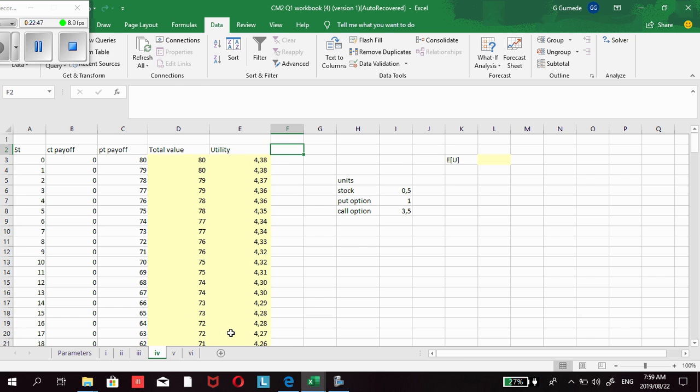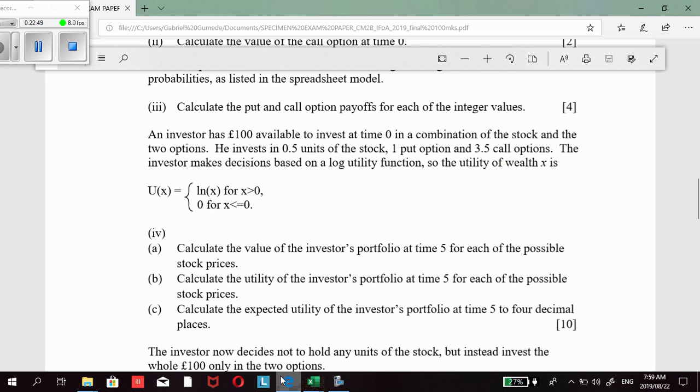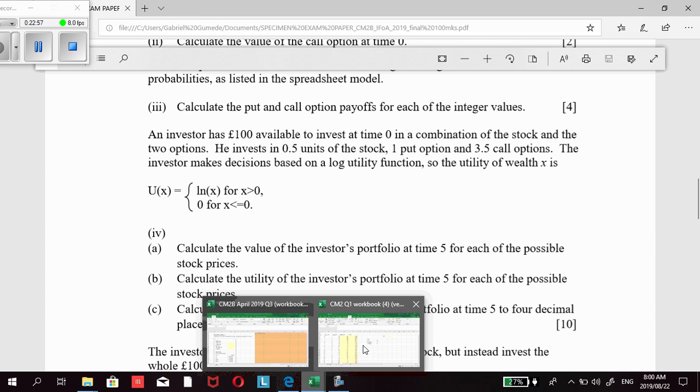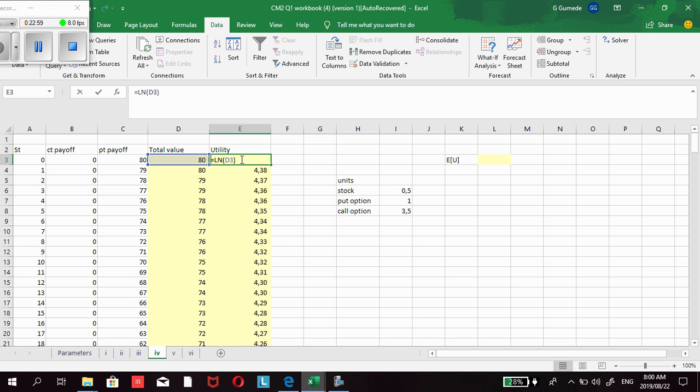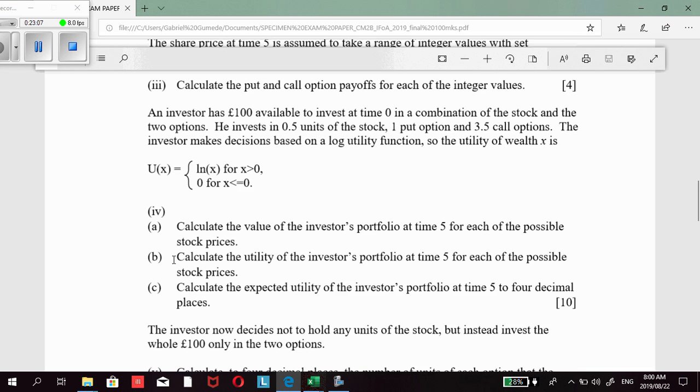So this is my utility. The examiner says calculate the utility of the investor's portfolio at time 5 for each possible stock price. So it's just the natural log of wealth, x, because that is how your utility was defined.